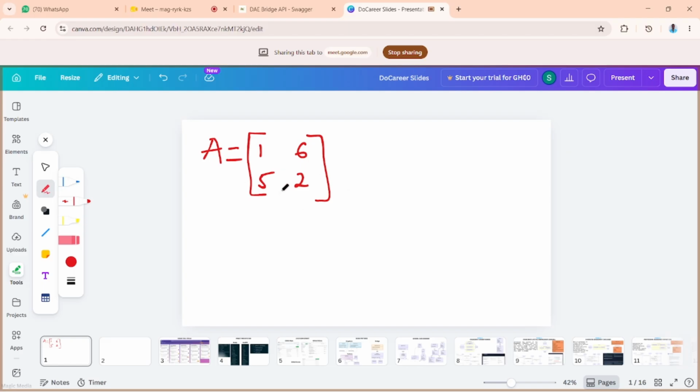So this is the same matrix, and for the eigenvalue we use the lambda sign. So we have to confirm if 7 is an eigenvalue for this particular matrix.